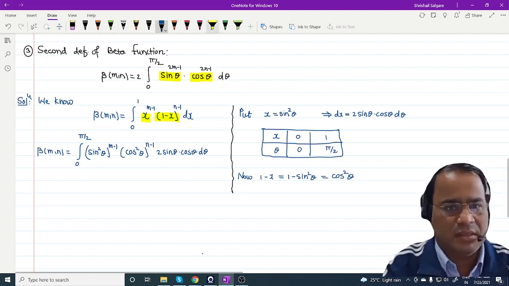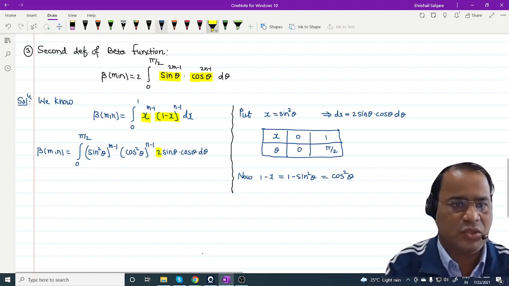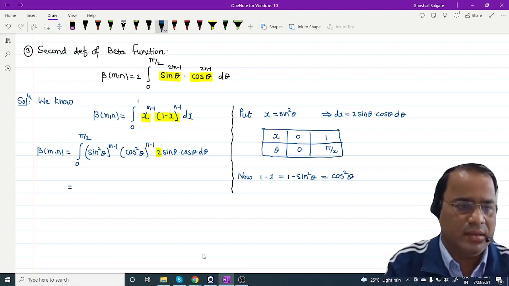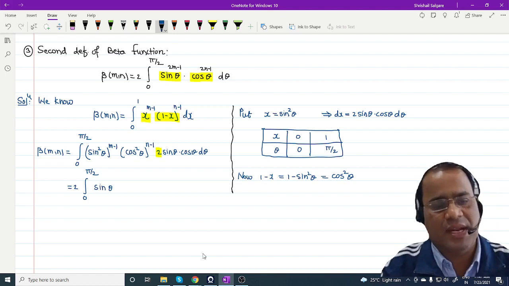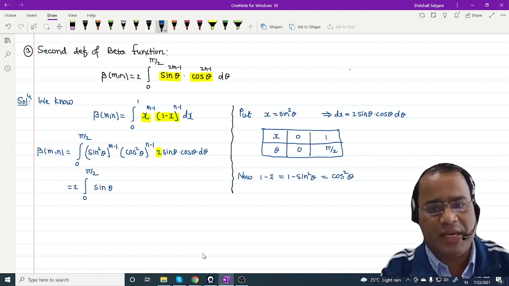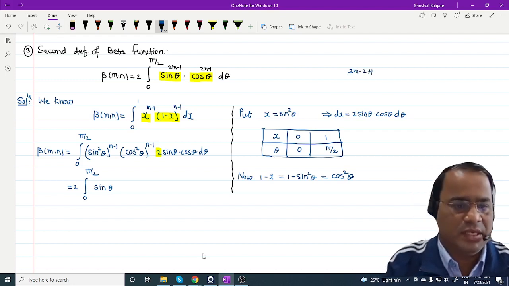From this, the next step is the required answer. This 2 I will take outside the integral. This is 2 times the integral from 0 to pi by 2. So tell me sine theta raised to the effective power. Here you have 2m minus 2 and plus 1, which means 2m minus 1.